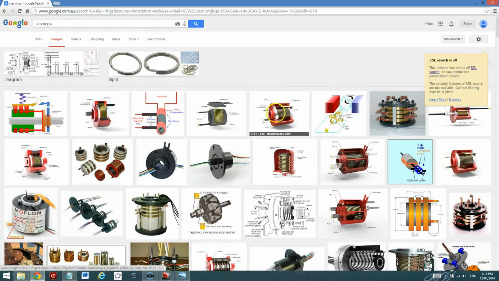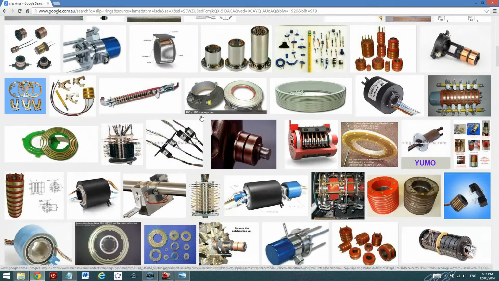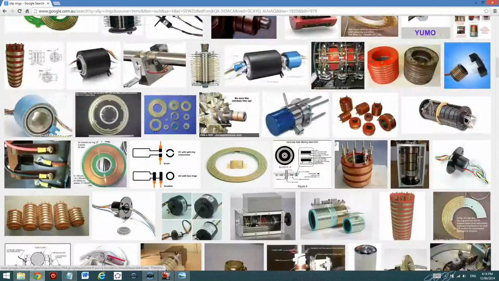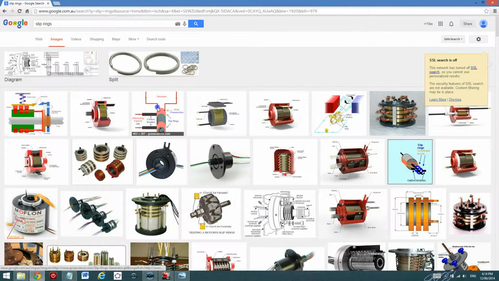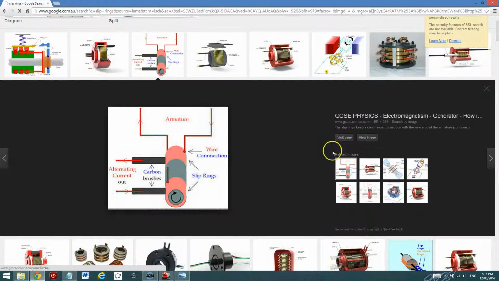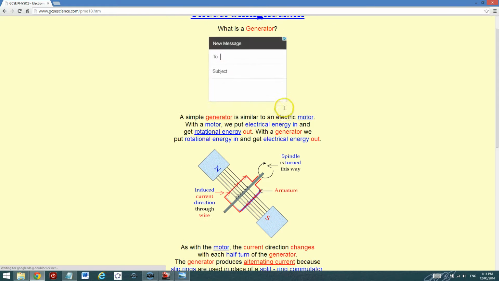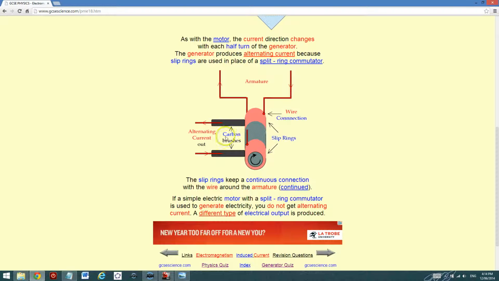It's something like this. They can be very complicated, but just let me show you this.